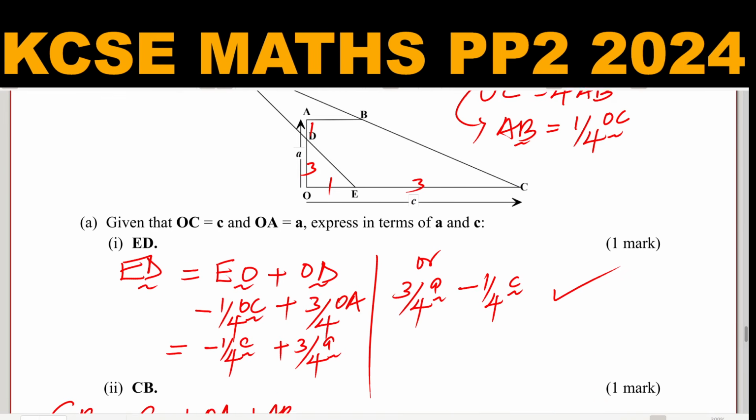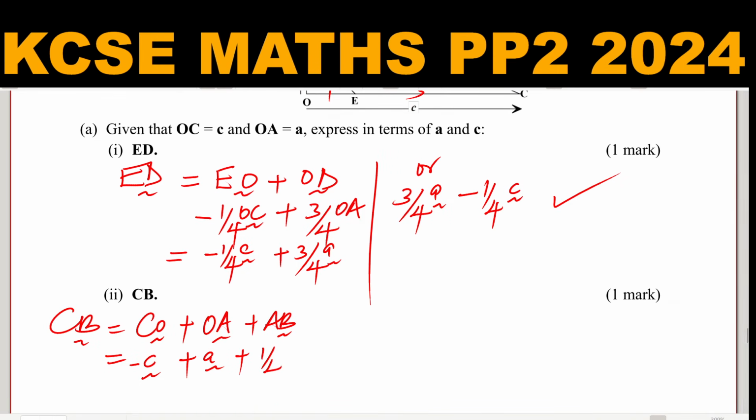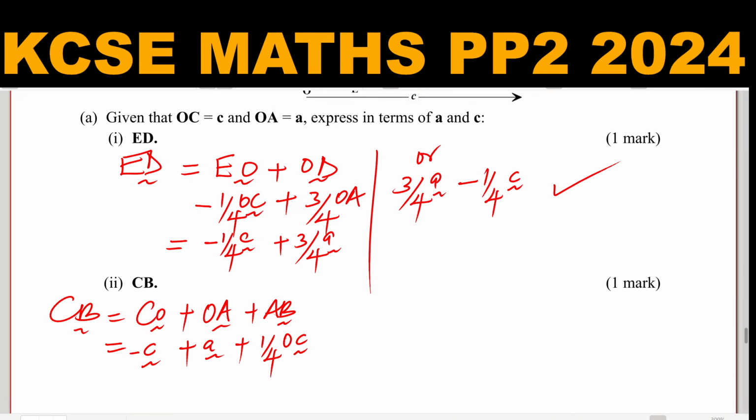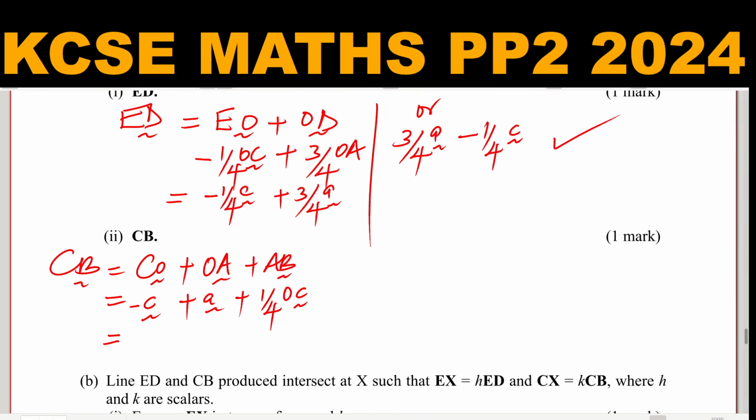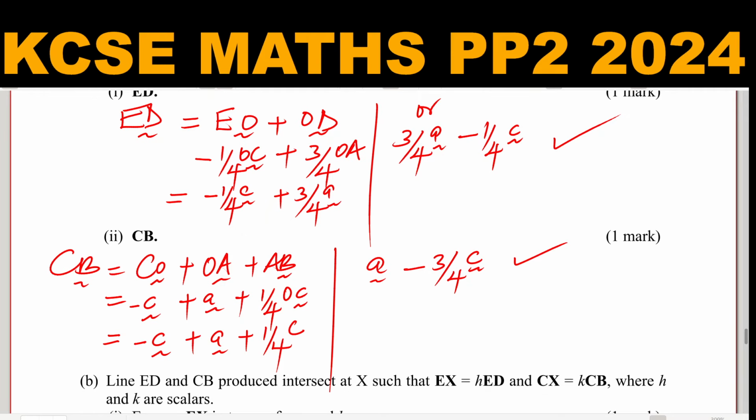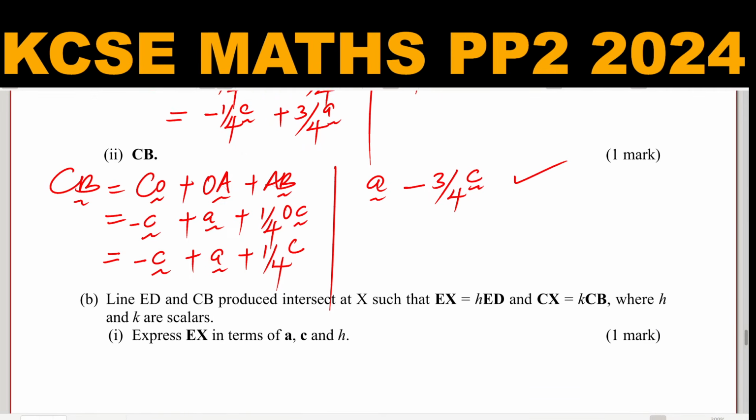This simplifies to -C plus A plus 1/4 C. Like terms: -C plus 1/4 C gives -3/4 C. So this simplifies to A minus 3/4 C. We go to part B.